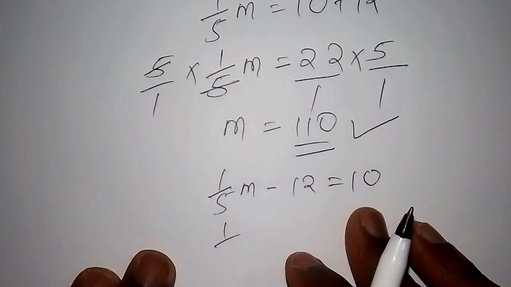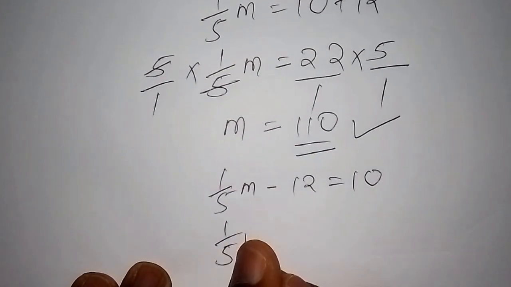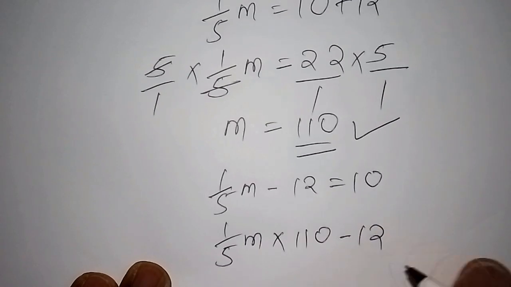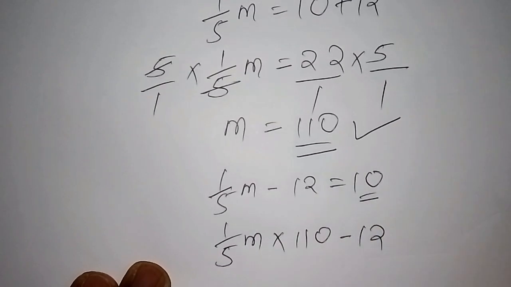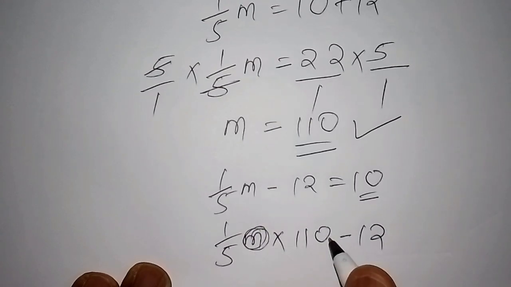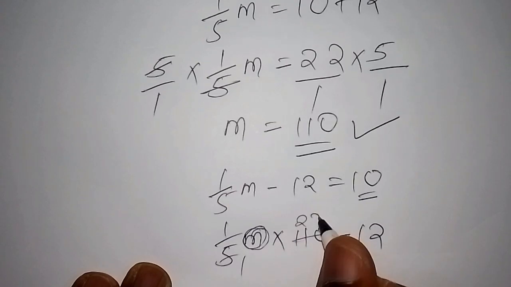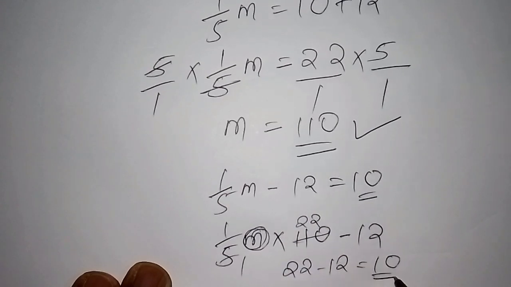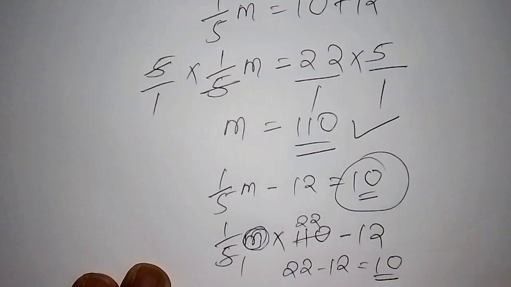So we have 1 over 5 times 110 minus 12, and let's check if it gives us 10. Where we had m, we have placed 110. So 5 into 110, we shall have 22. So 22 minus 12, the answer is 10. So this 10 that we got means that we've got the correct answer.